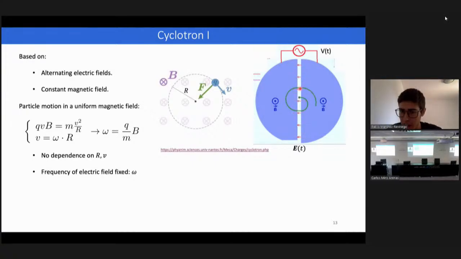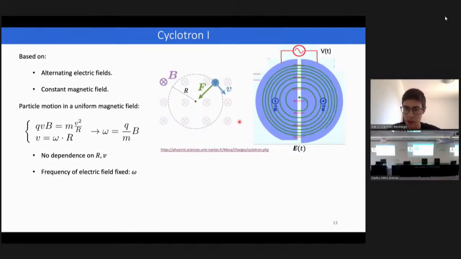And you see that the electric field and the particle's motion are always synchronized. So the particle will always see the electric field in the correct direction, and it will gain energy, it will make the circle bigger, but the time is always the same. And at the end, when the particle's radius is very high, it will be ejected.